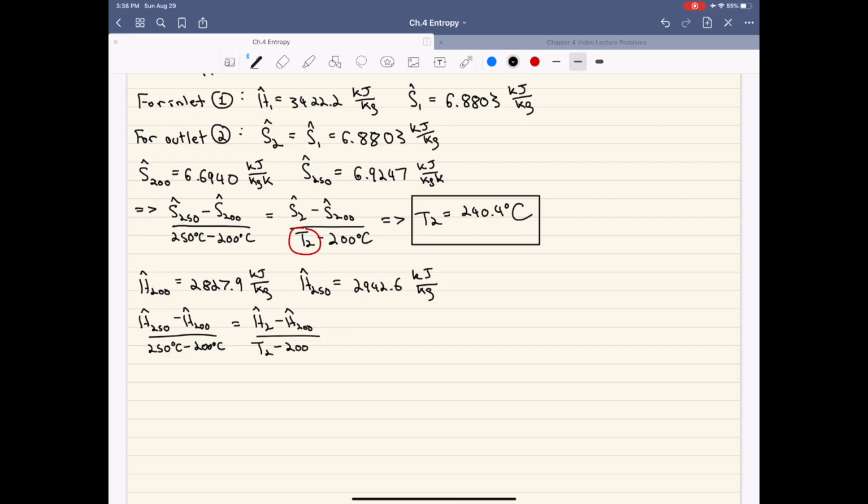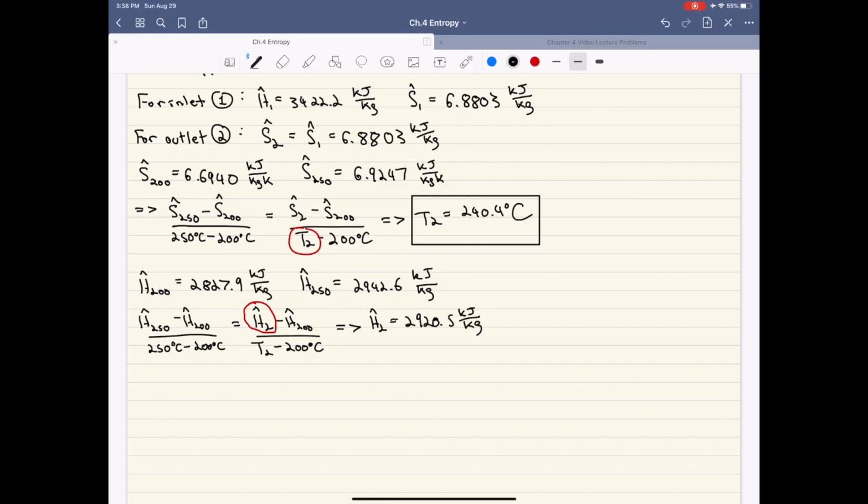That's 200. Now that we know T2, for H2, this is our only unknown. So solve for H2. You get a value of 2920.5 kilojoules per kilogram.